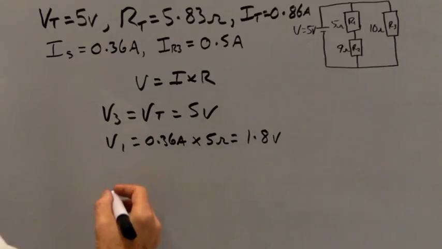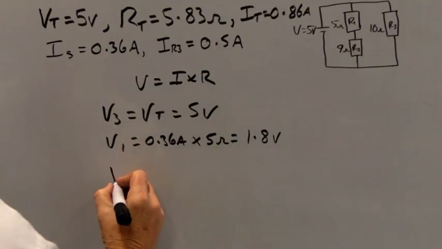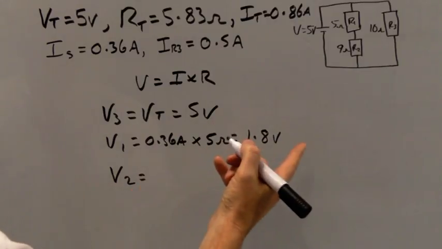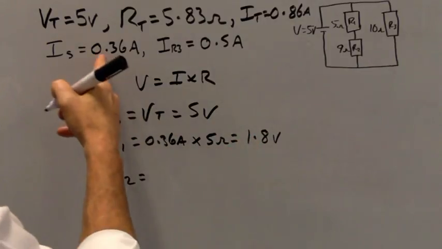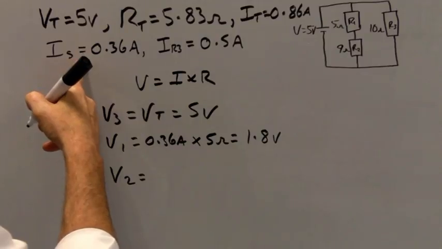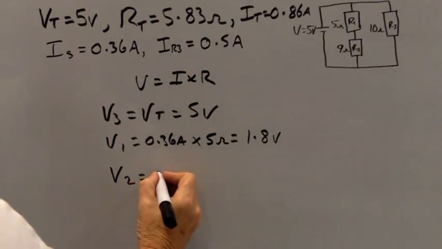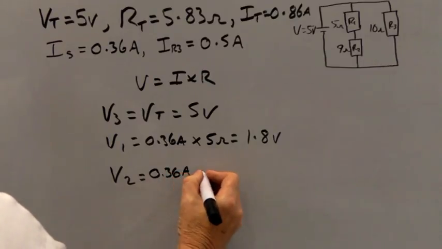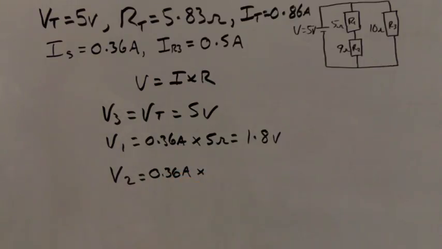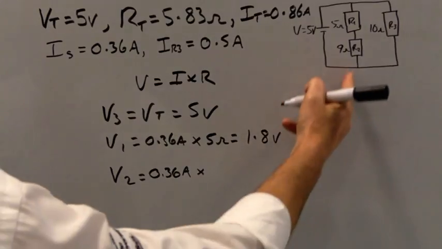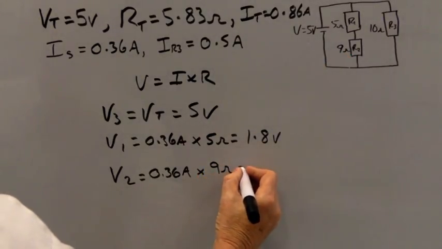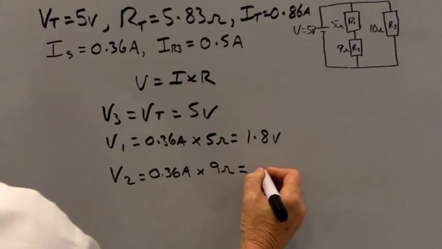For R2, V2 equals I2, which is the same current, IS, 0.36 amps, times the value of R2, 9 ohms, and this equals 3.2 volts.